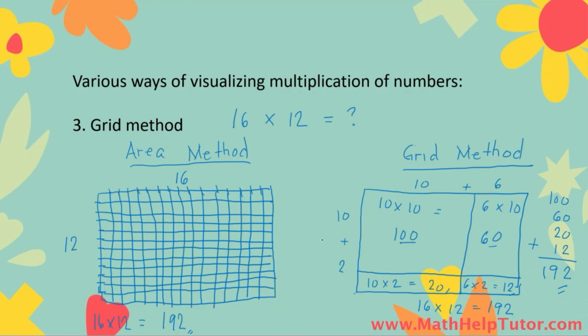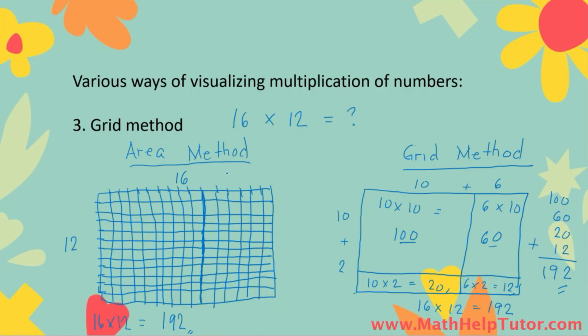Now again, the grid method is just like the area method. The only thing is that it's a lot easier to do the grid method as compared to the area method. So if we create regions in our rectangle that has its squares drawn inside of it, we're just going to create the regions in the rectangle of the area method, similar to what we have on the grid method's rectangle.